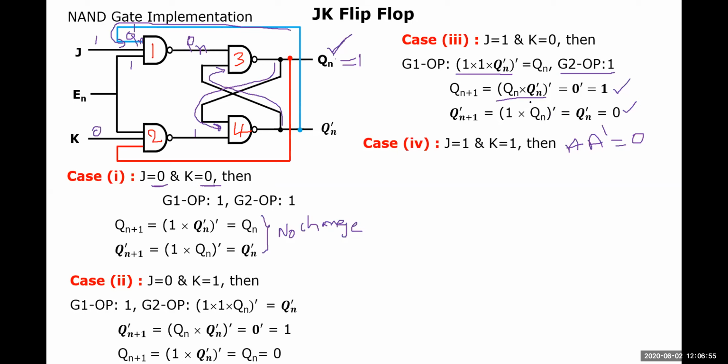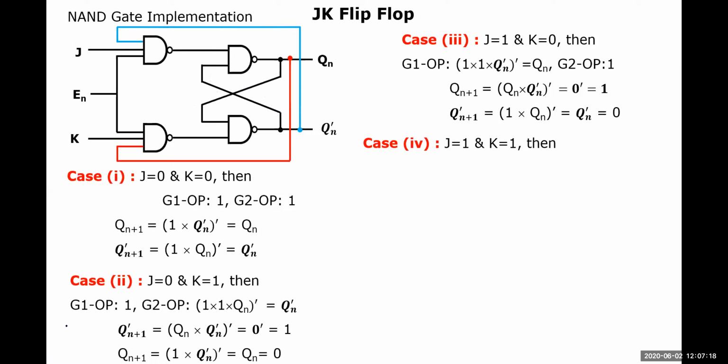So when j equals 1, the value has been set to 1 here. That is why this situation is called the set condition. This is the set condition, and here it is the reset condition. That is the point you need to consider here.